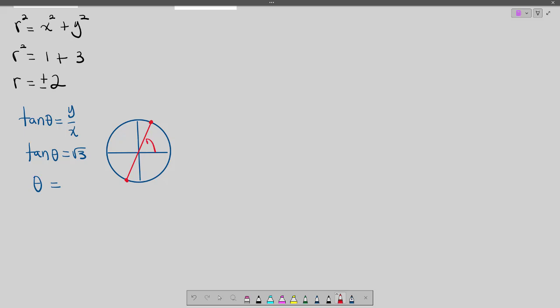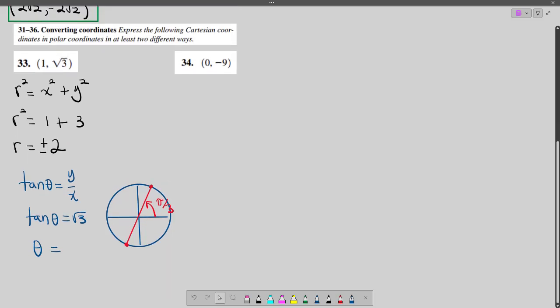This theta value, the standard theta value, is pi divided by 3. So technically what we would say is that we would get a reference angle, and then we have to go back up and look at our quadrant to make sure that we pick the right angle. Now in this case, we're in quadrant 1.